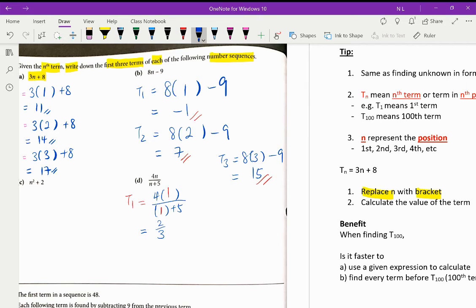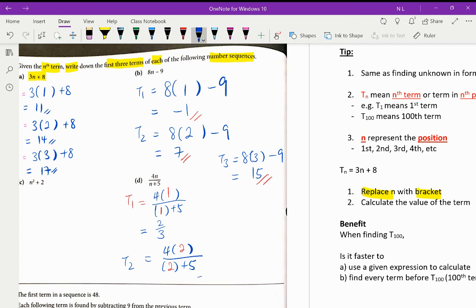Whenever you write down any fraction as a final answer, please take note and beware of any fractions that you can reduce further. So for term 2, same thing as well. I replace all my n's with brackets. Since I'm looking at the second term, my n will be 2.